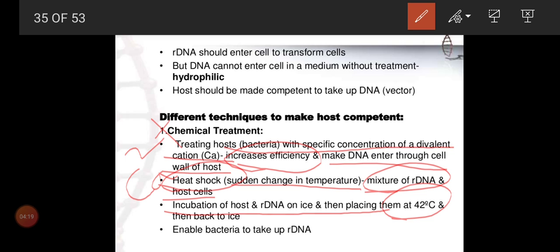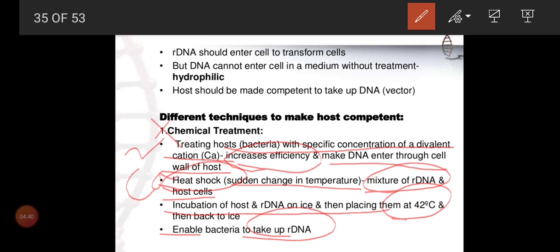We continue this procedure for some time, and it enables bacteria to take up the recombinant DNA-containing plasmid or vector into the body of the bacteria.